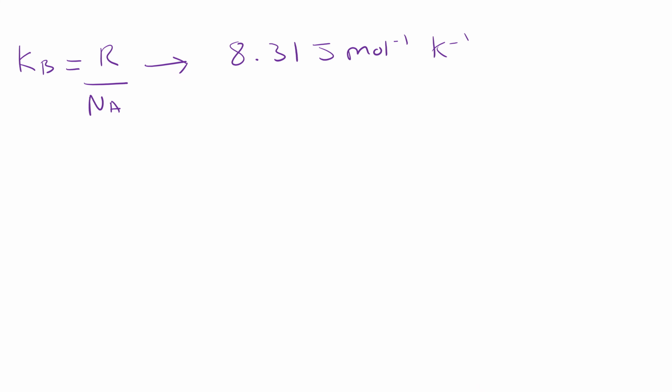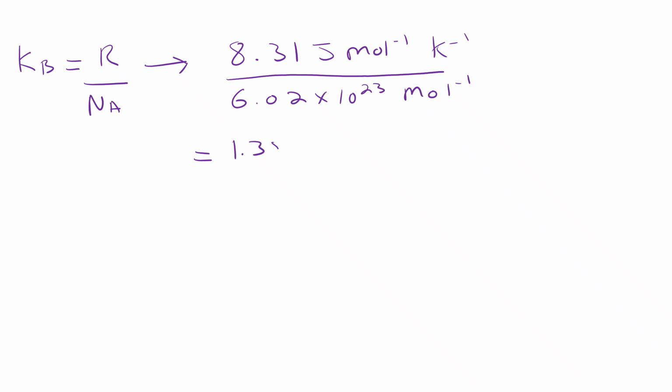And if we divide that by Avogadro's constant, three significant figures, 6.02 times 10 to the 23rd per mole, if we put it into a calculator, we would get an answer of 1.380398671 times 10 to the minus 23rd, and that would be joules per Kelvin.